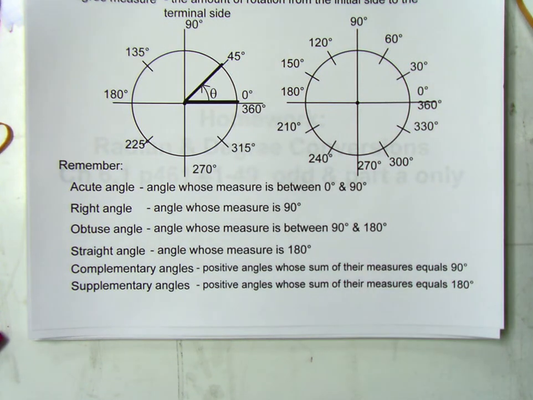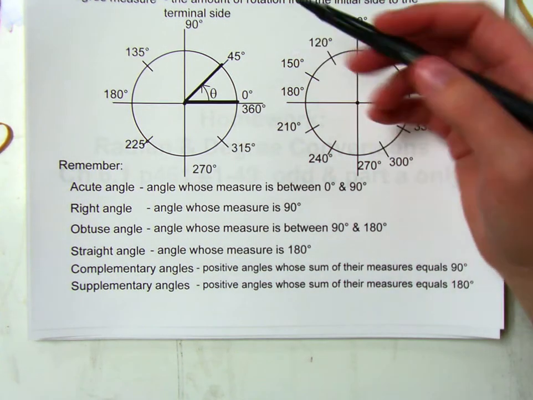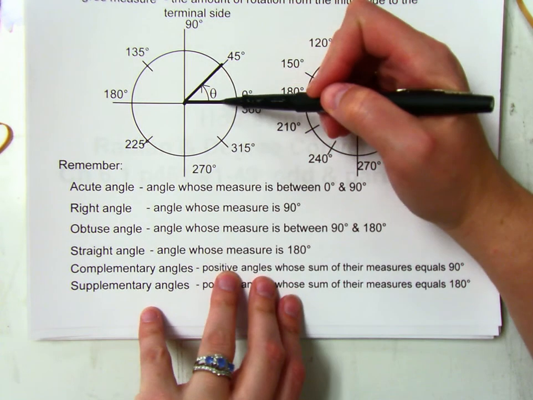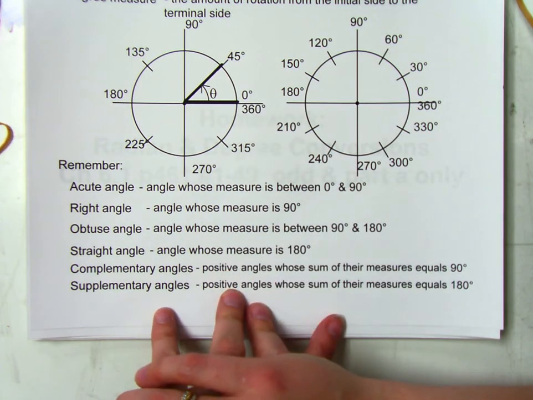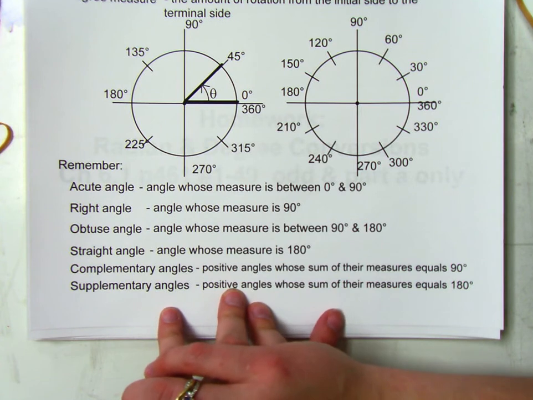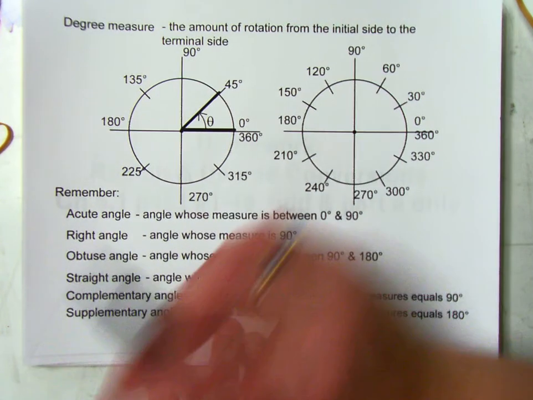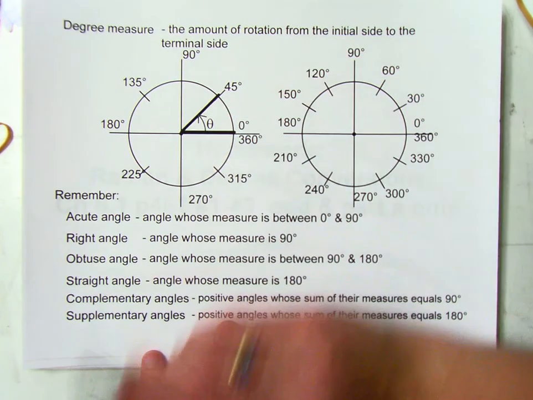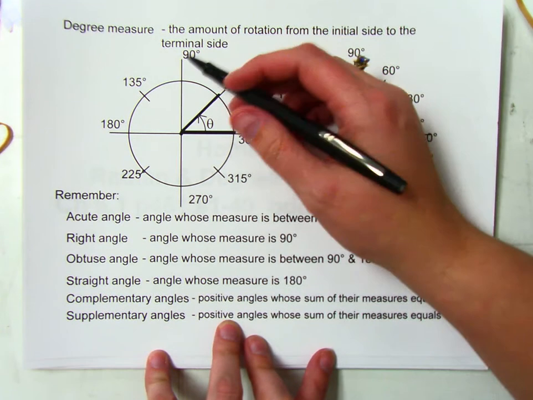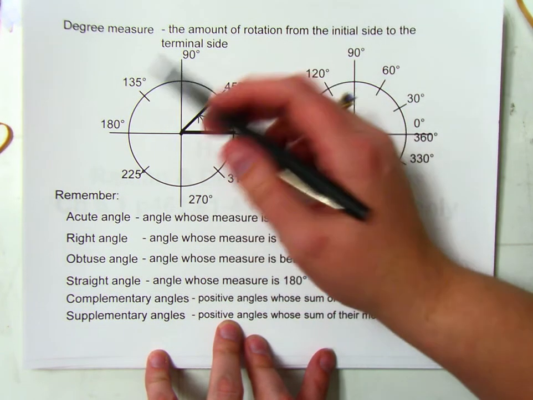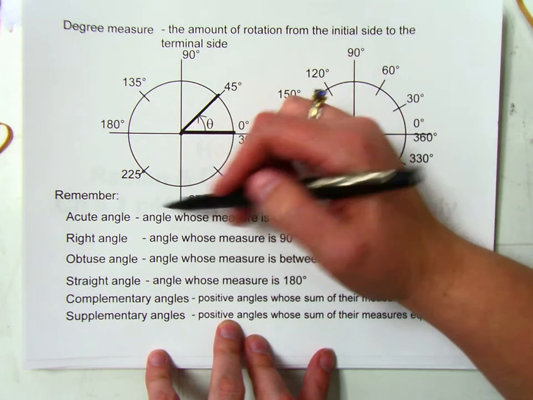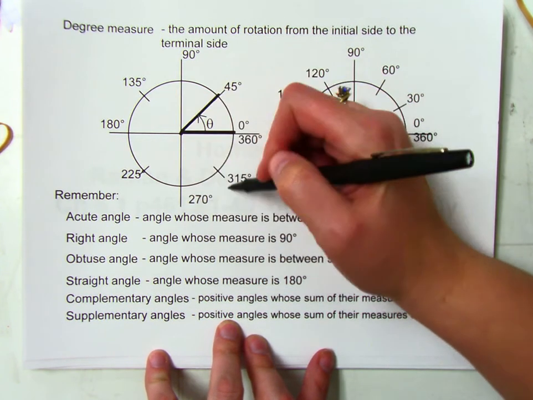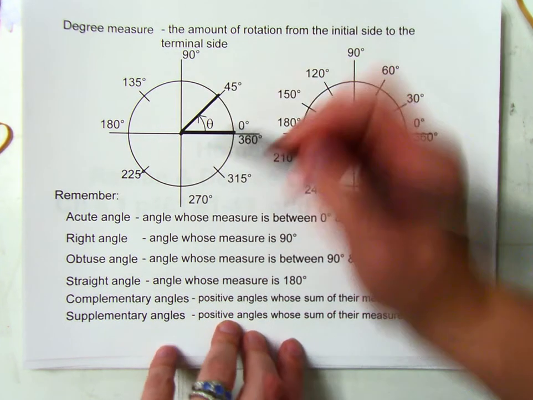A little review from geometry is that our degree measure is the rotation from the initial side to the terminal side. We have several important angle measurements that we deal with in Algebra 2. The first one is 45, the next one is 90, 135, then 180, 225, 270, 315, and 360.